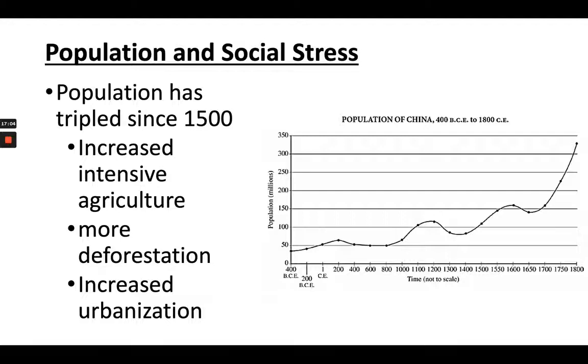So in general, the need for intensive agriculture to feed a larger population will have an increased pressure on the natural environment. So more deforestation, which leads to increased erosion and flooding, especially when the dams are not properly maintained and rivers are not properly dredged. It makes things like the Grand Canal useless.